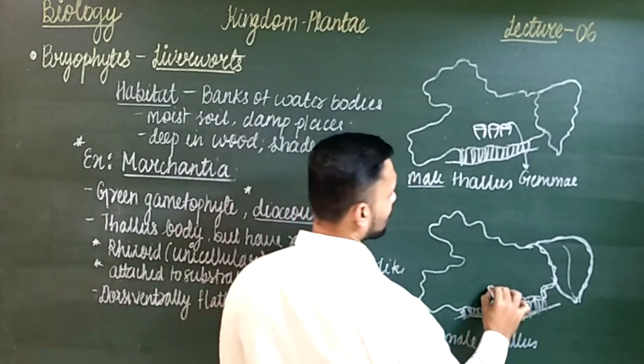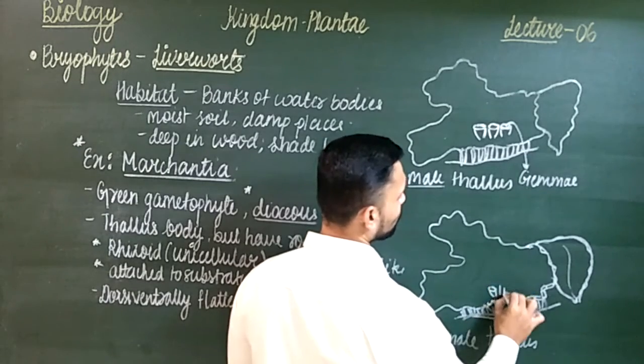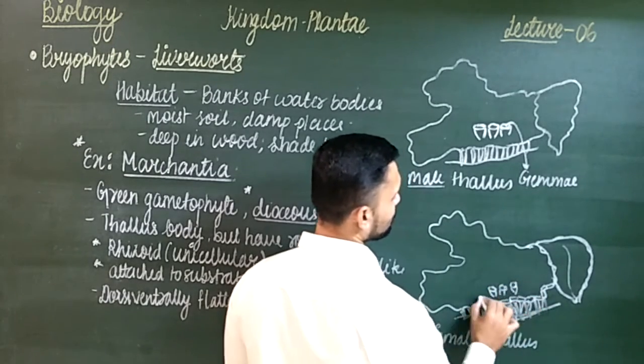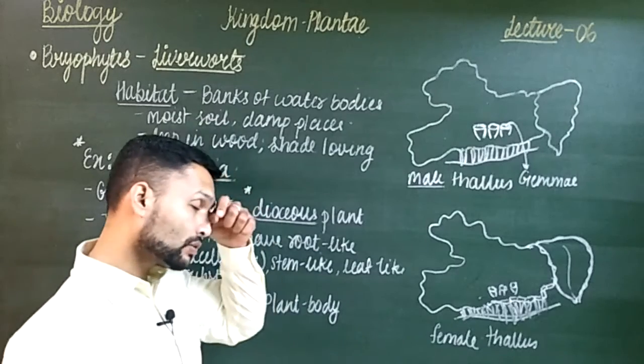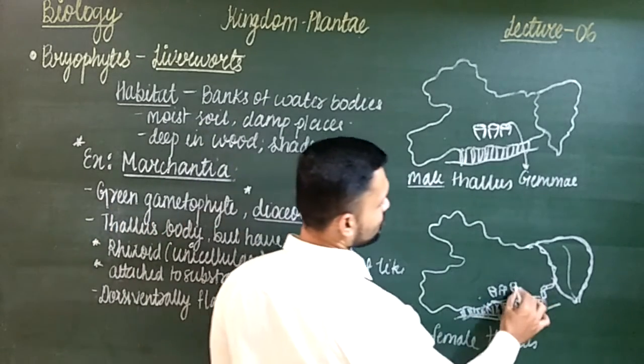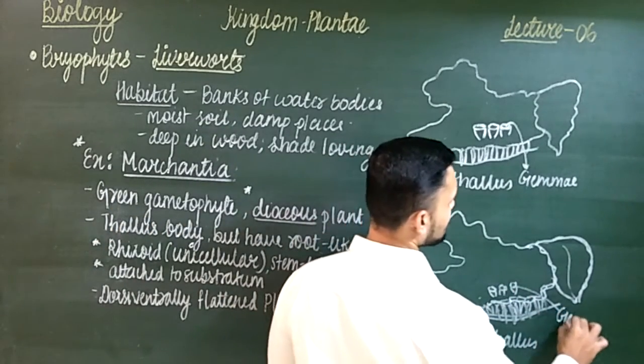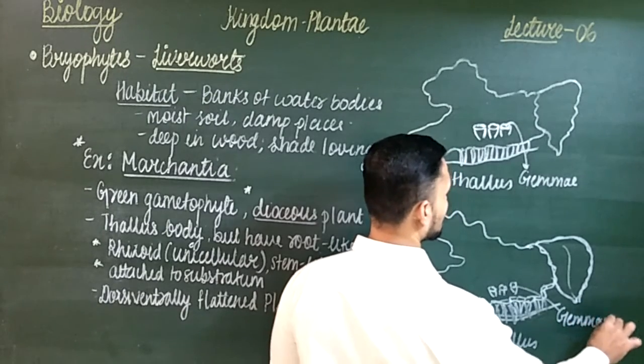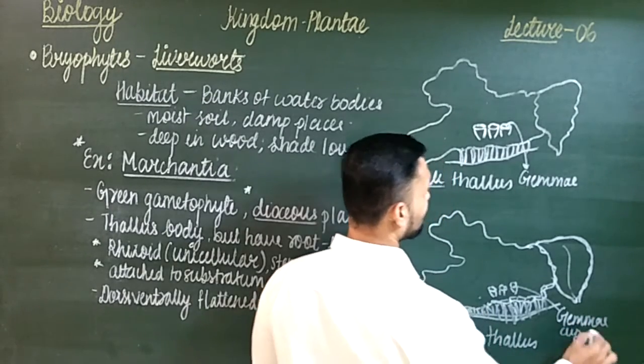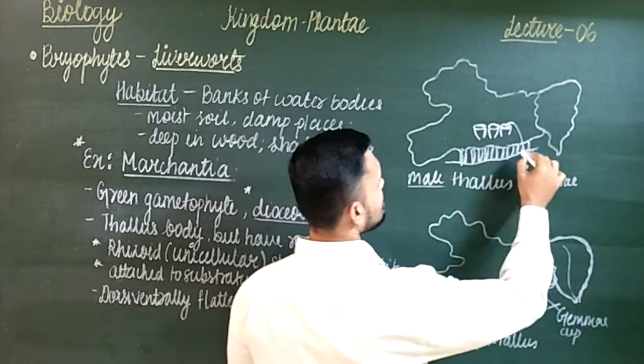And similarly a female also has its own gemmicups which are near the base. Over here you can see. So from here also these are gemmicups. So these are gemmicups, and what they release is gemmae.